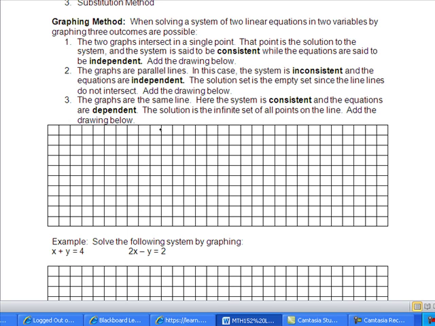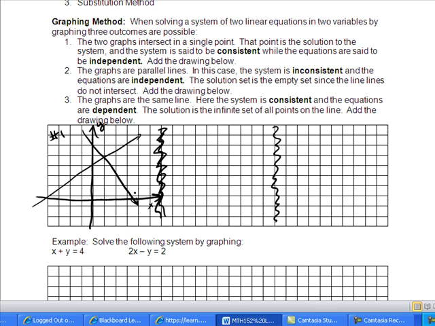The first possibility is that here we have our axes, x and y, and we have one line coming through, and then we have a second line coming through, and the point where the two intersect is the solution to the system. That's basically what's going on when we solve a system. We're trying to find out where the two lines intersect, where to graph them.